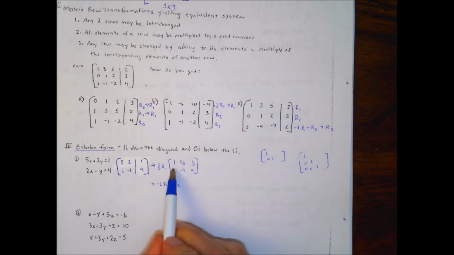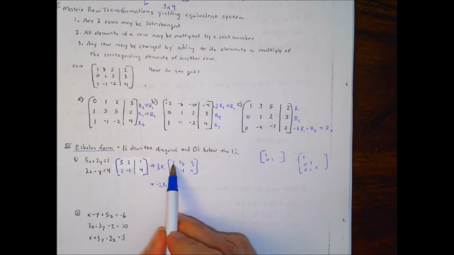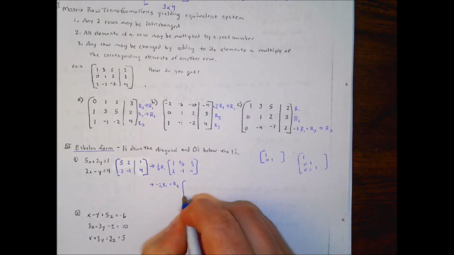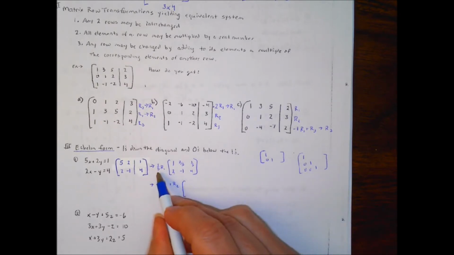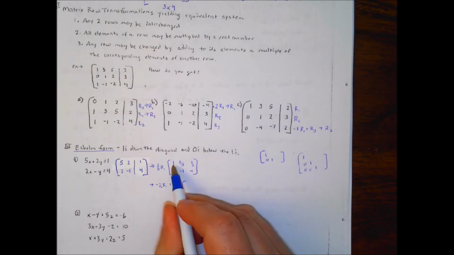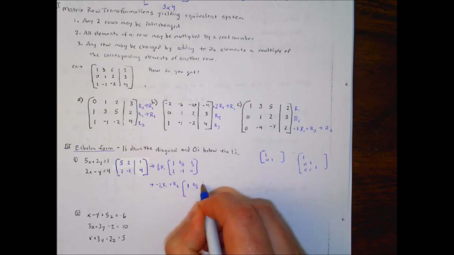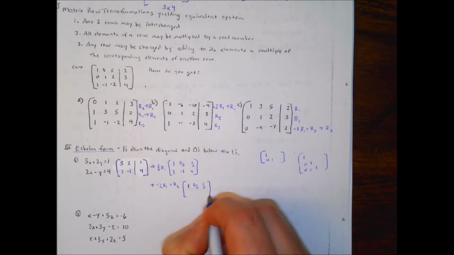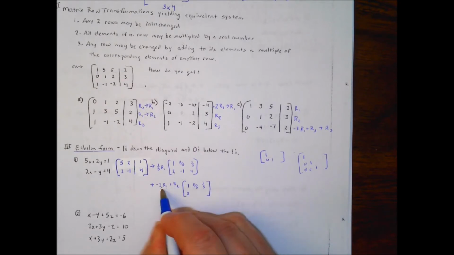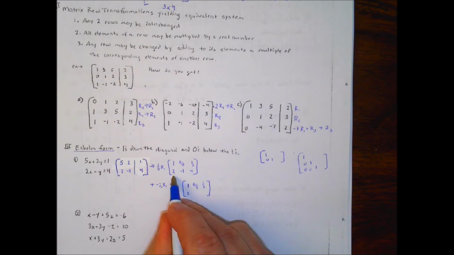So -2 times 1 is -2 plus 2 would be 0, right? Actually this one, I'm just going to rewrite because we're not changing this one. So that gives me a 0 here. -2 times this plus that is 0.